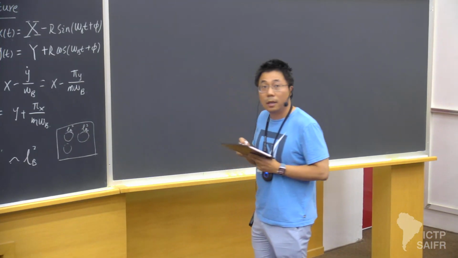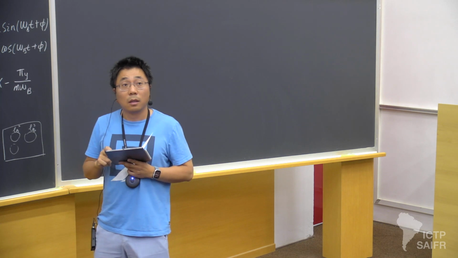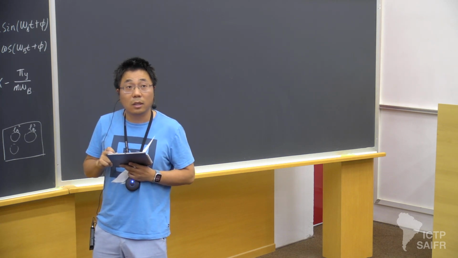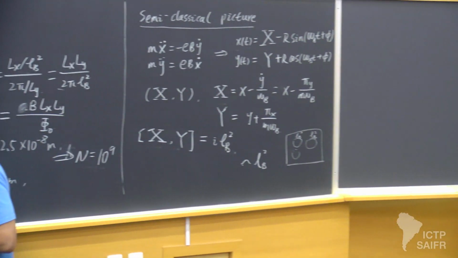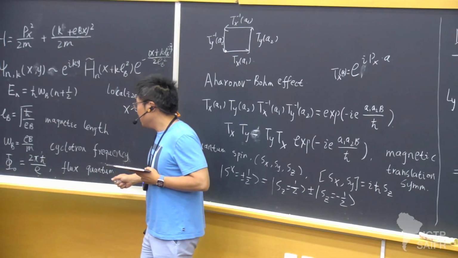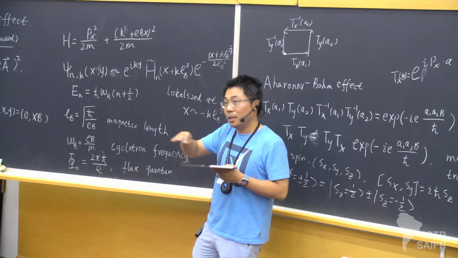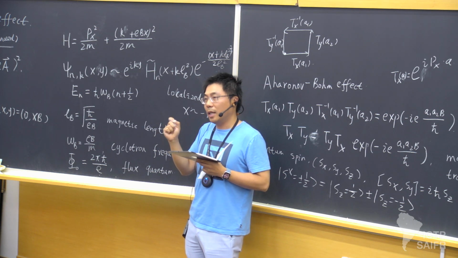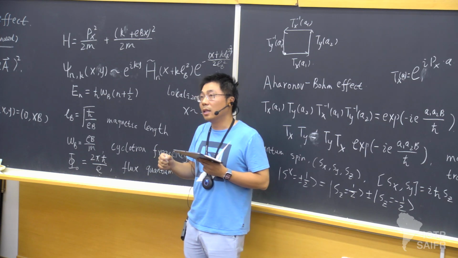Okay, questions? Yeah, the question was why the flux quantum doesn't depend on B, right? It doesn't depend on B. That's why it's a fundamental quantity, and it really characterizes the minimal flux you could have in the system, right?